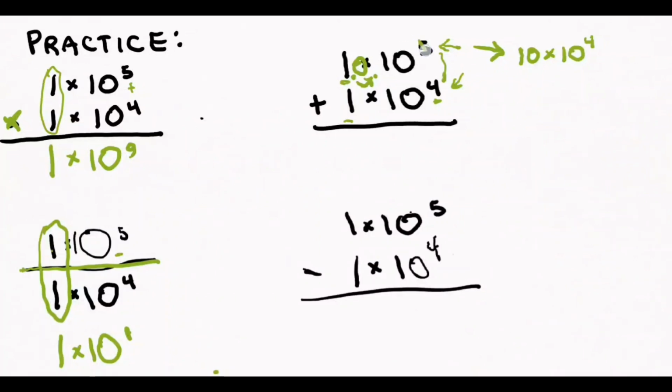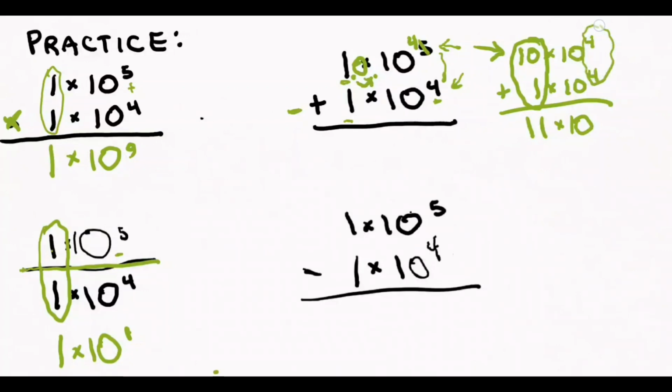And that means I can take this down to 4. So 10 times 10 to the 4th plus 1 times 10 to the 4th. We're just going to leave this one exactly as it is because we don't need to change it. So now we can add these whole numbers. 10 plus 1 is 11 times 10. And then you just leave these alone. Now we've got them both matching at 4. And that's how they're going to stay.